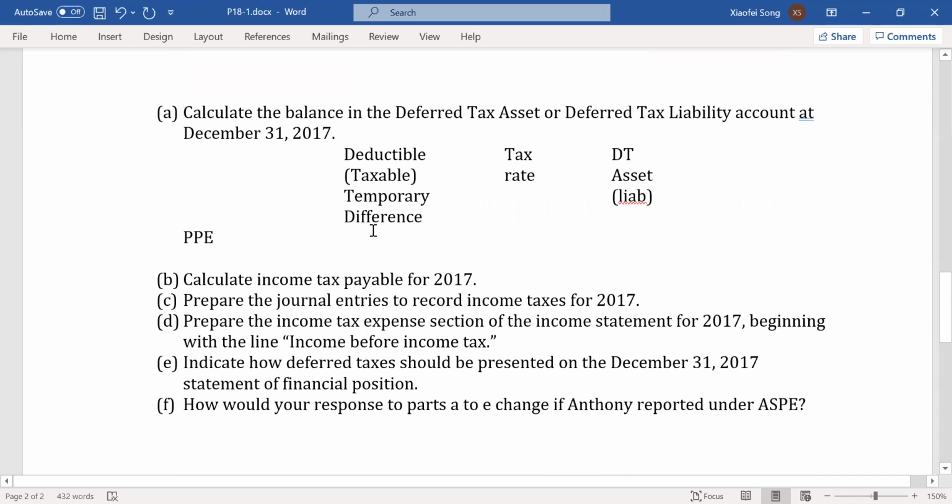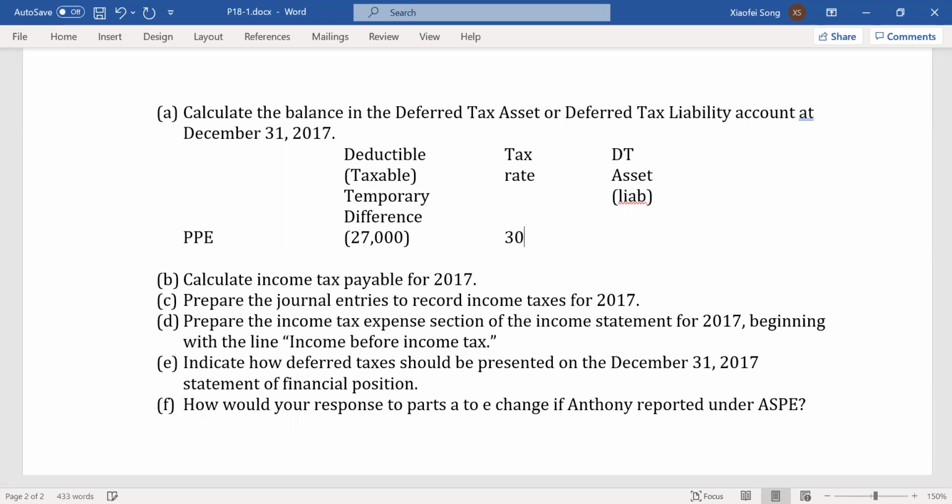Okay, for PPE, what was the difference we had? We talked about 27,000 taxable difference. At a tax rate of 30%, that gives us a deferred tax liability of 8,100.